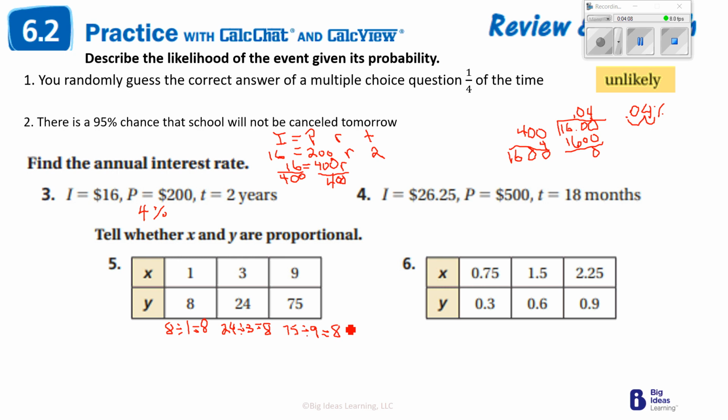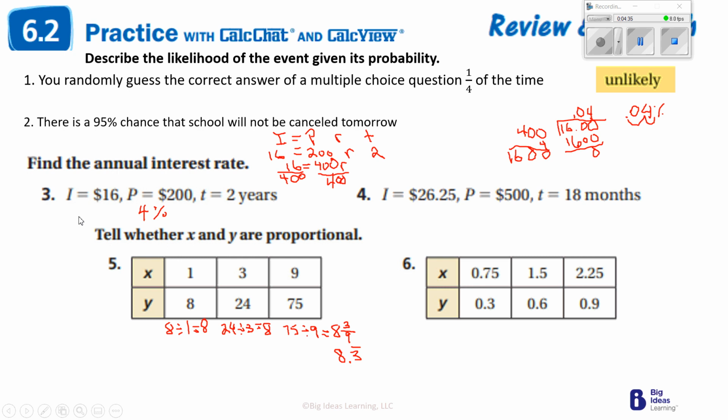So that would be 8 and 3 over 9, which is really 8 1/3. That would equal 8.3 repeating. All right. So no, this is not proportional, and I'll simply say no.